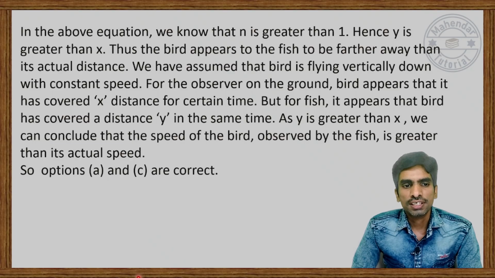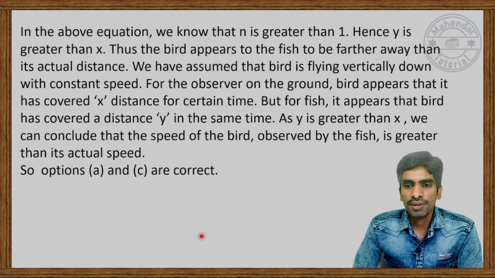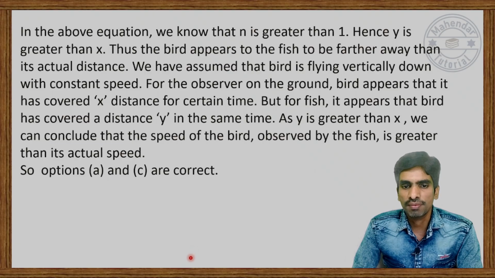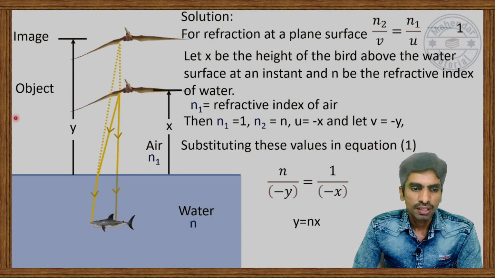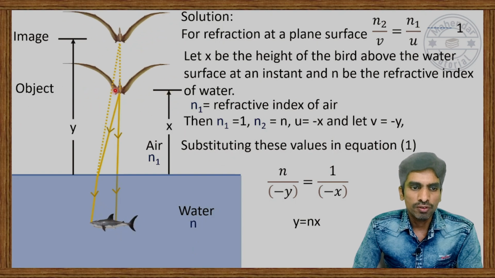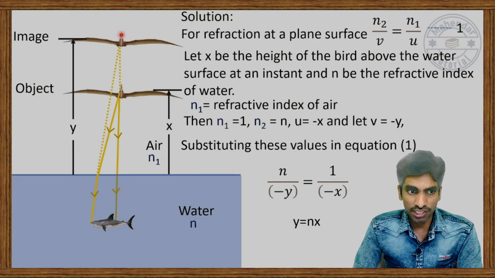Next, we have to see the speed. We assume that the bird is flying vertically down with constant speed. For the observer on the ground, the bird has covered x distance in a certain time. But for the fish, it appears the bird has covered y distance in the same time. So when we observe from outside, the bird has to travel only x distance. But from the point of view of the fish, in the same period of time, it has to travel y distance.